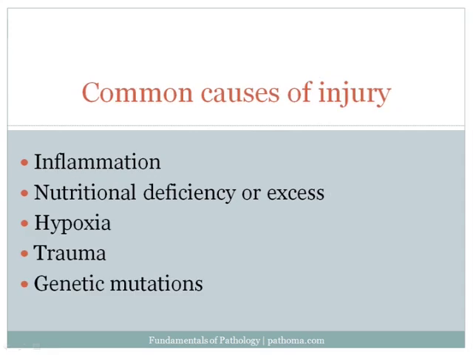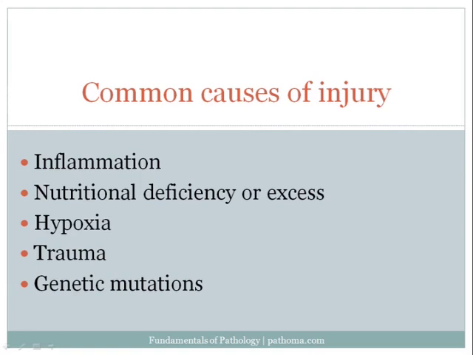All right, so moving on, while we're on this topic of cellular injury, we should remind ourselves that as we go through the remainder of this text, there are going to be many common causes of injury. For example, inflammation is a common cause of injury. You can take any example. If a patient gets an infection, a pneumonia, that's going to injure the lung.